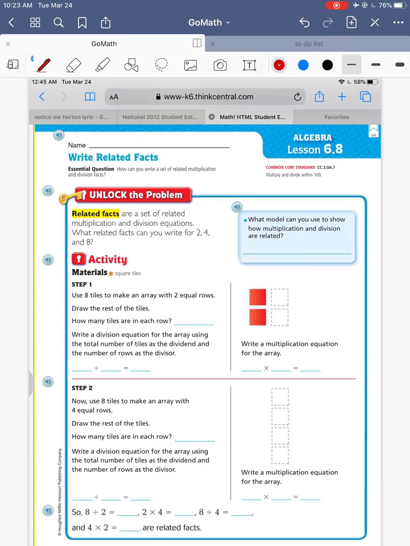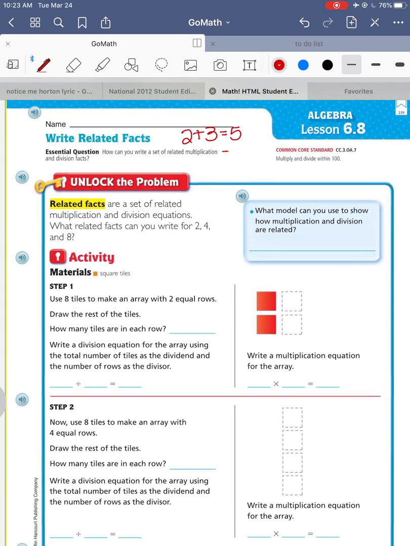So if you do 2 plus 3 is 5, you can also do 3 plus 2 equals 5. Or you can do 5 minus 2 is 3, or 5 minus 3 is 2. So all of those use the same three numbers, 2, 3, and 5. So that would be an addition-subtraction fact family.